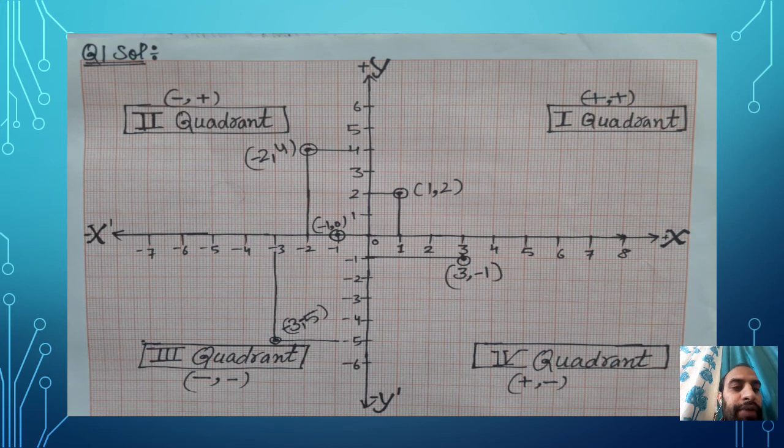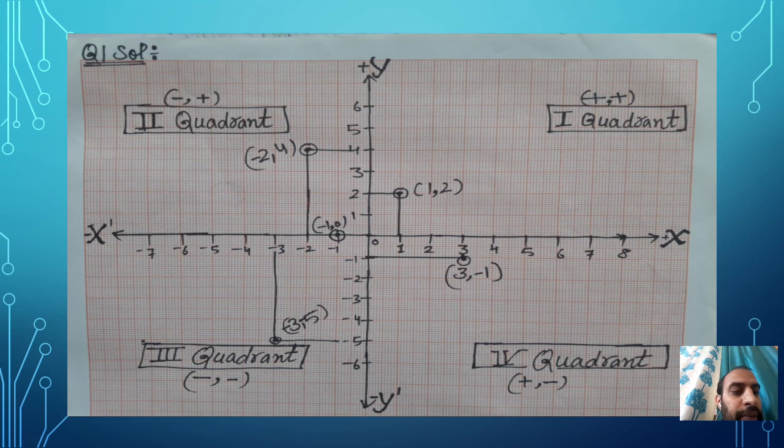Here, 3 we need to take from the x-axis and -1 from the y-axis. So draw a line from 3 downward and -1 from the y-axis. This is your point. Some values lie in the first quadrant, some in the second, third, fourth, and some on an axis.